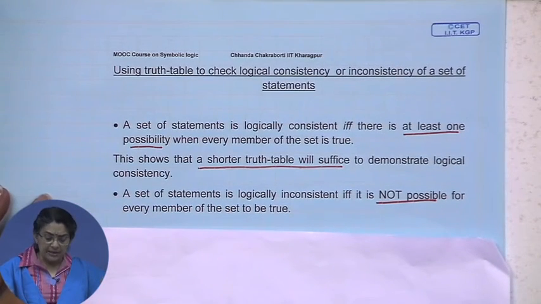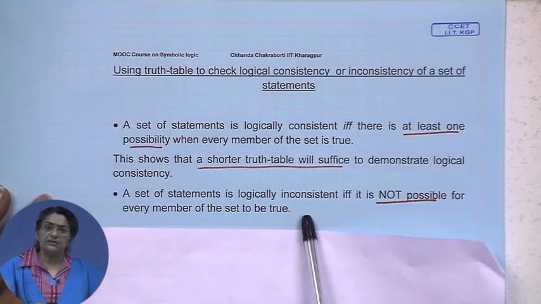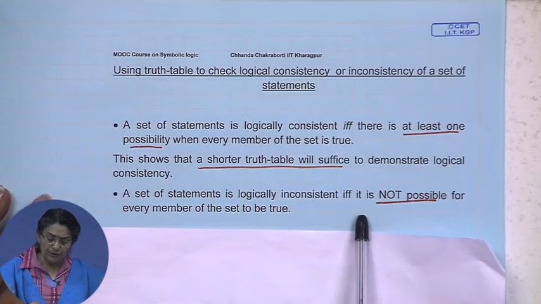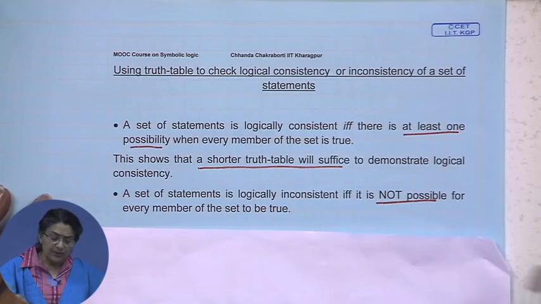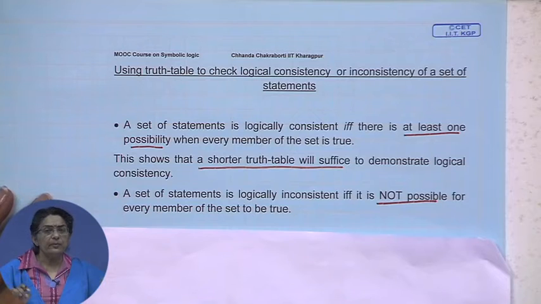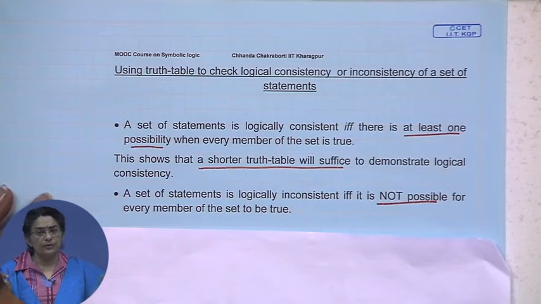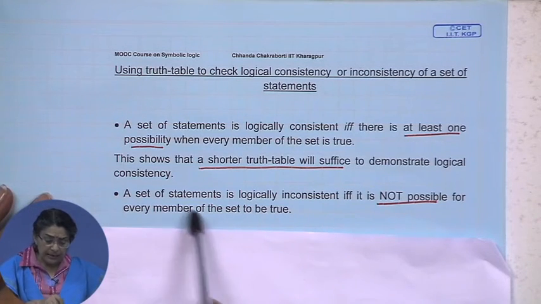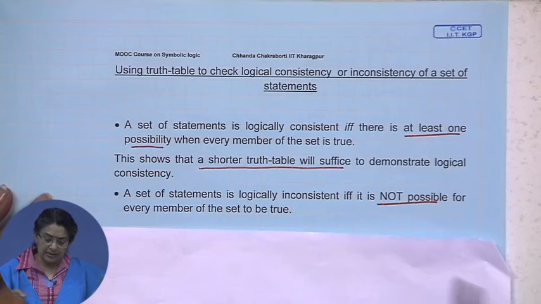What is inconsistency? Inconsistency, on the other hand, is where you need to show that it is not possible for every member of the set to be true. It is impossible for every member of that set to come out as true at the same time. That is when we call the set inconsistent.